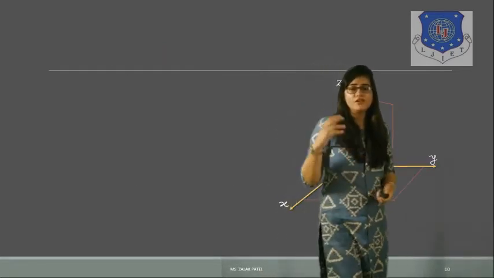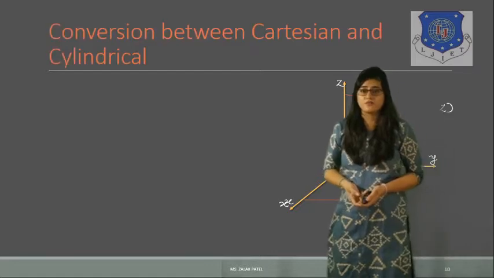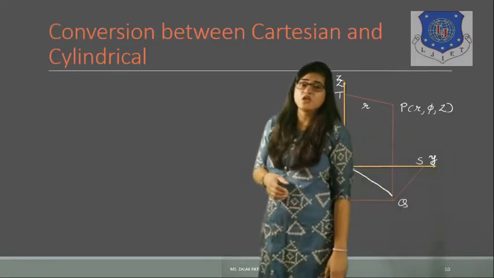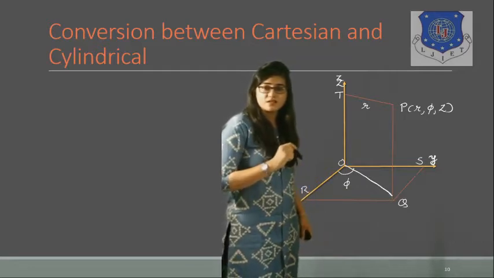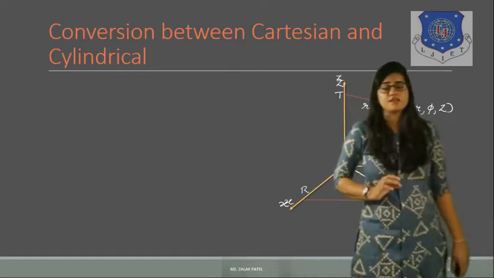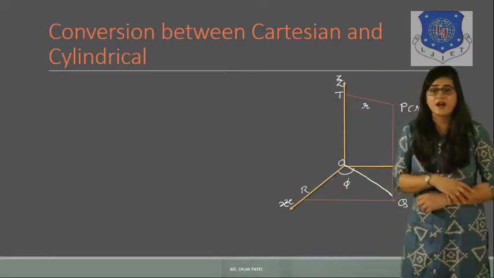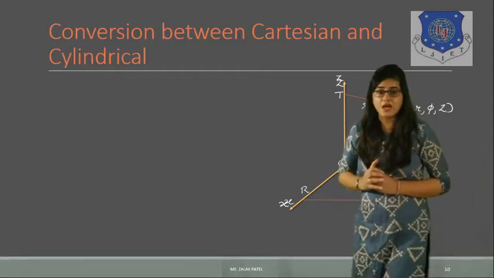Now, if one wants to connect the Cartesian coordinate system with the cylindrical coordinate system, how can this be done? For that, the conversion between the Cartesian and cylindrical system is as follows. The coordinate system we are using is xyz, the right-hand Cartesian coordinate system, and over there we put the cylinder.